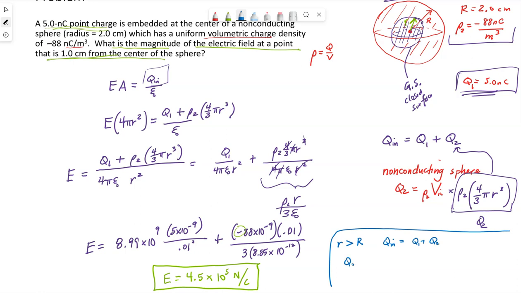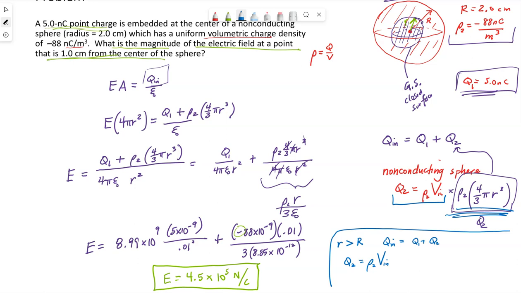But Q2, when we take rho, its charge density, times the volume in, we would not use what we just did before, where we had rho 2 times 4/3 pi lowercase r cubed. So here, this is totally valid. The charge density times the volume is valid.